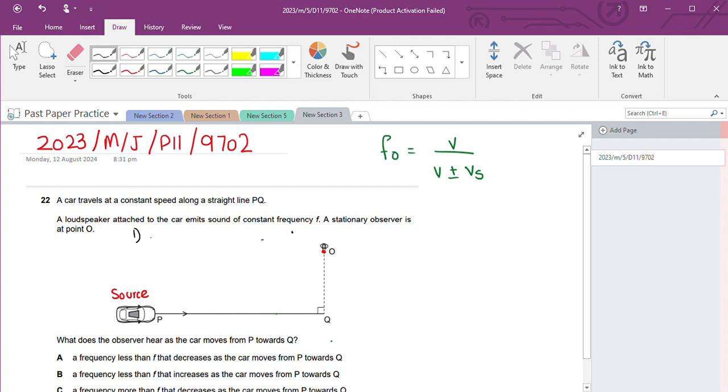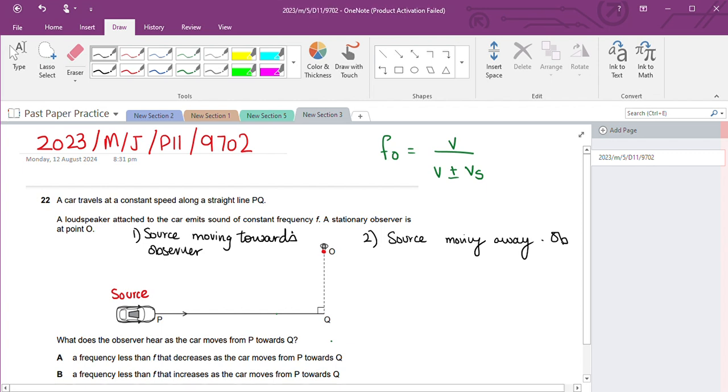Number one is source moving towards observer, and number two is source moving away from observer. Okay.